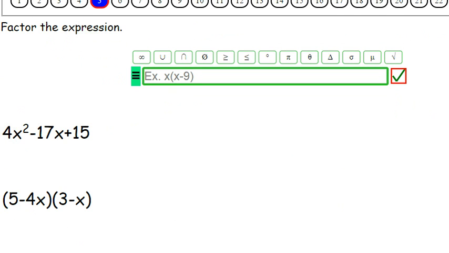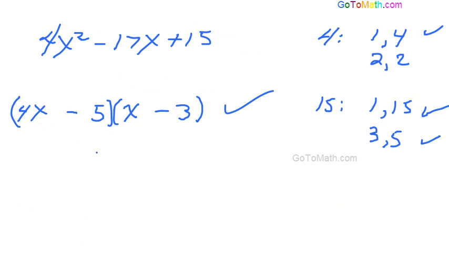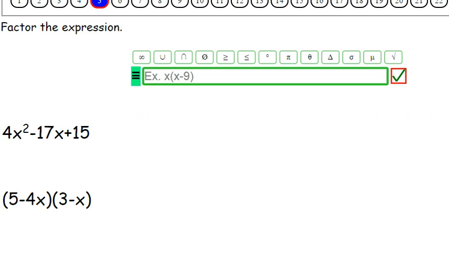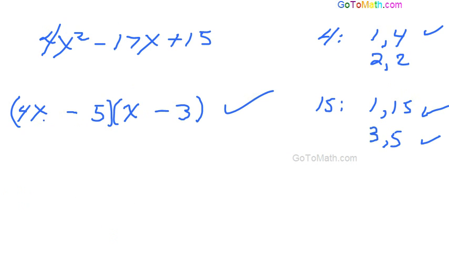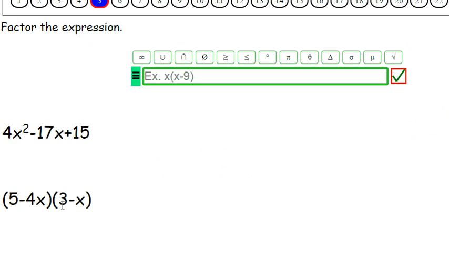And what's going on here? Do we have a plus sign or a minus sign? 4x minus 5, x minus 3. Okay, I'm not exactly sure. I don't know why in the world I got it written like that, but it's equivalent.